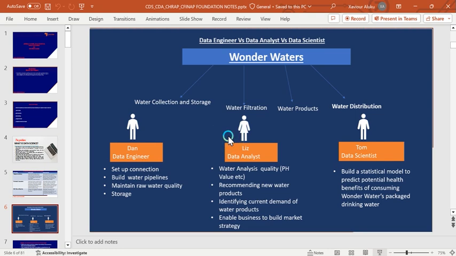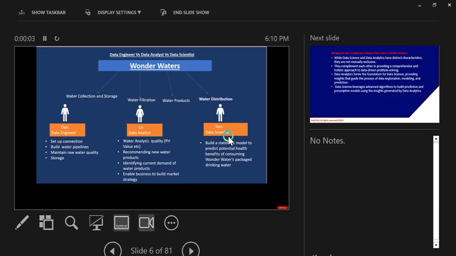So Liz does the analysis of water quality in terms of pH levels. Then she recommends new water products. Then after that also, she identifies current demand of water products. And the last function that she does is that she enables business to build market strategy, because based on historical data, when you identify current demand of water products, it is easy to enable businesses to build market strategy.